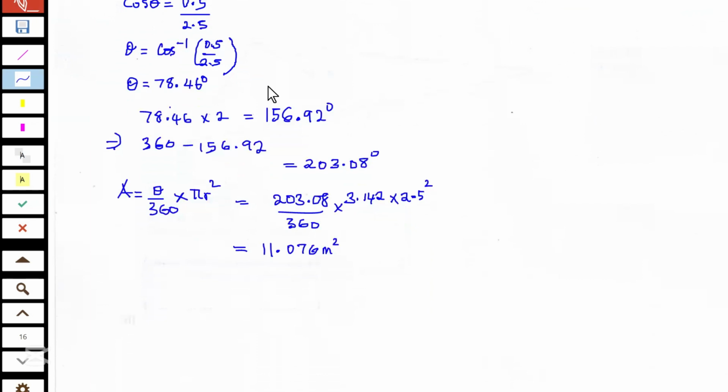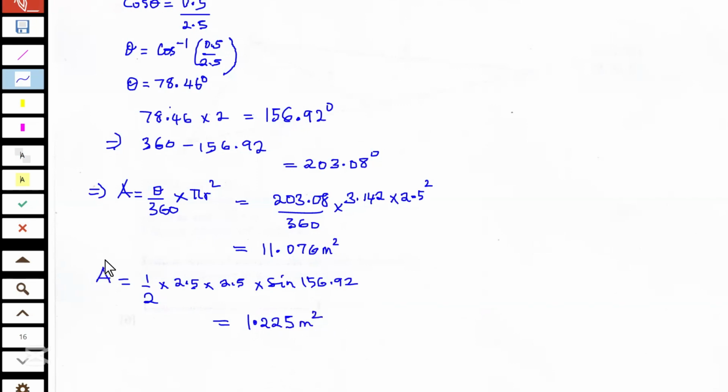Area of the triangle is half ab sine theta, which is half times 2.5 times 2.5 times sine 156.92. Now use your calculator to multiply and divide by 2. You will get the value 1.225 meters square.